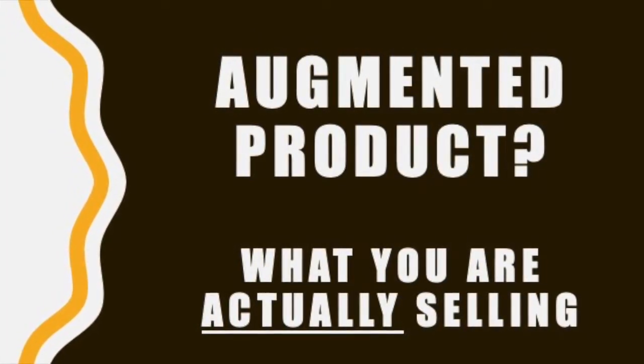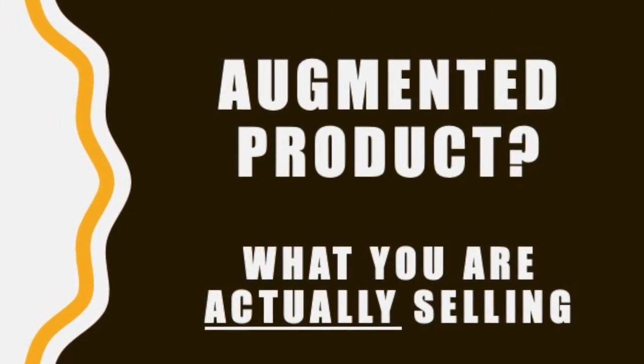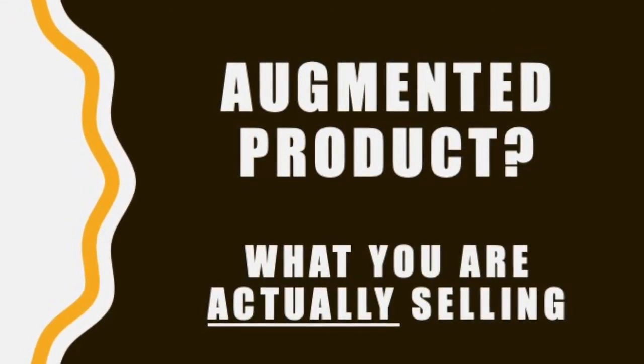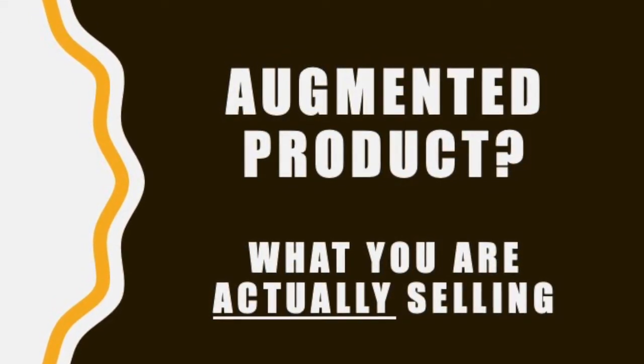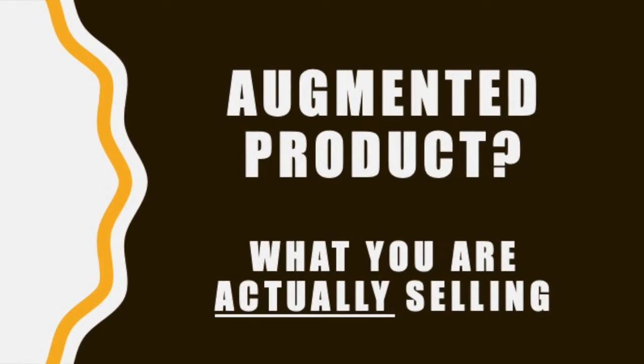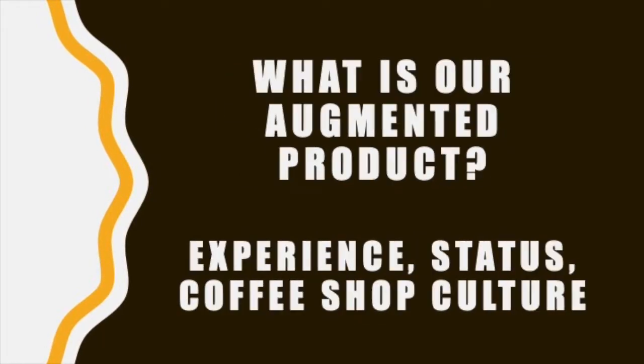So an augmented product is what you are actually selling. So in the case of Starbucks, Starbucks has its coffee. That's the product. But what they're actually selling, or the augmented coffee, is an experience. When you purchase a Starbucks coffee, you're also purchasing the experience of being in that store.